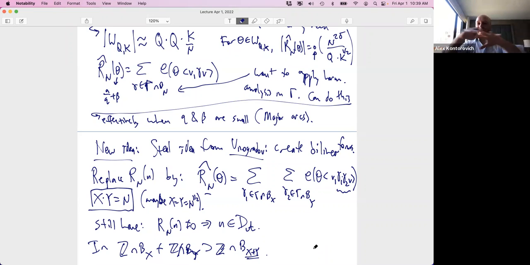I'm covering what I would be covering originally with two balls. But if you want to cover a ball of size n, you need x and y to be n over 2, for x plus y to be n, the balanced case. Here we get to choose root n.